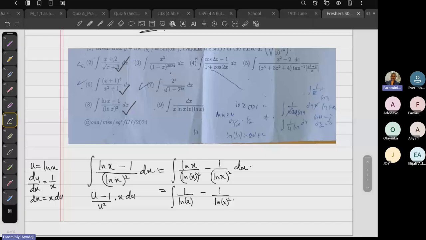Because the integral of 1 over natural log of x, this guy here, is something like, and I'm very sure you people have not heard about that, an Ei of natural log of x. While this one is also Ei of natural log of x plus x over natural log of x.